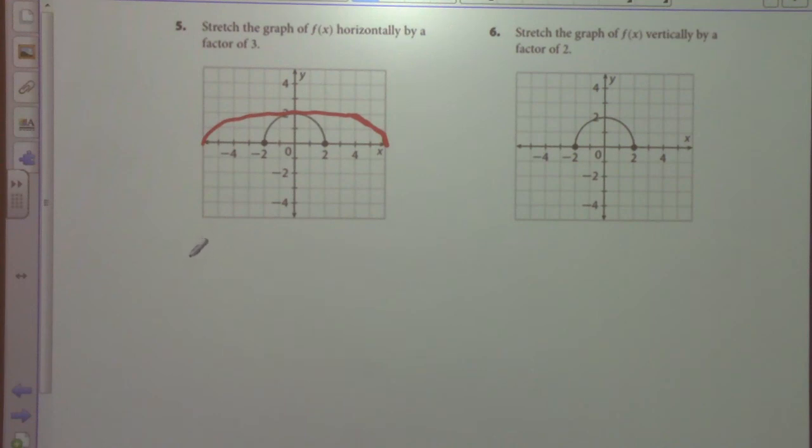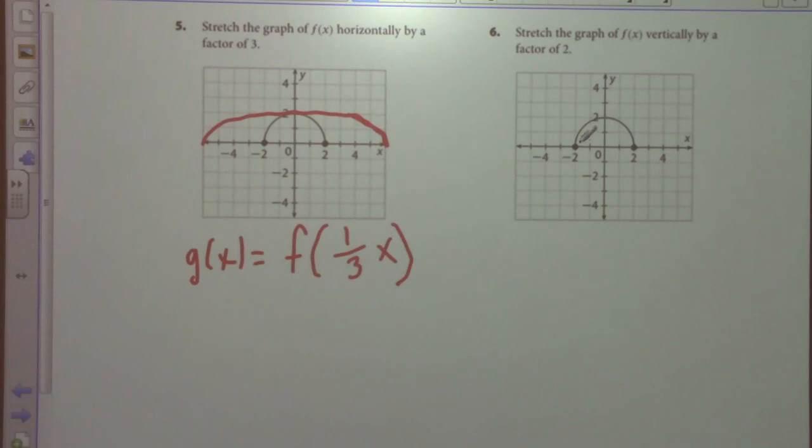What algebraic operation did we have to do to make this happen? Not as intuitive here, okay? What do you think we have to multiply by here? 3. Well, you think it would be 3, but actually it's going to be 1/3. That's what's going to make this kind of horizontal stretch.